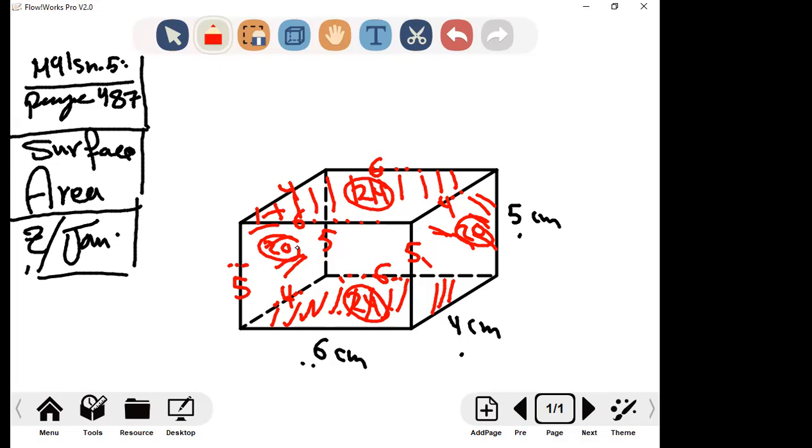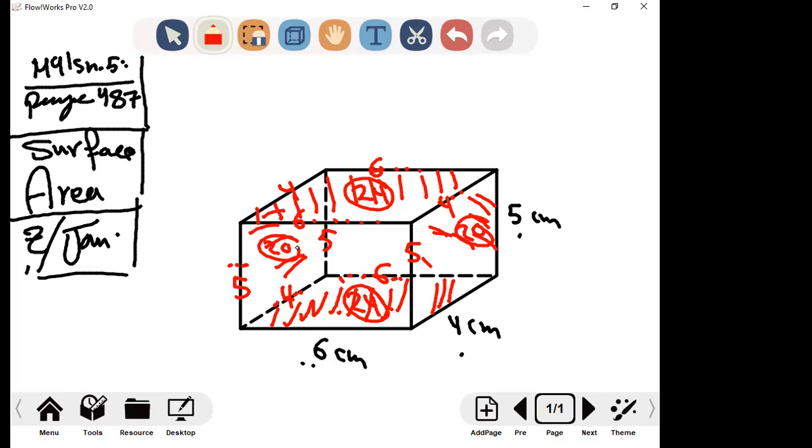To find the surface area, I'll find the area of all the faces. I will say 24 plus 24 plus 20 plus 20 plus 30 plus 30, right? But in place of adding 6 times, I will add 3 times.